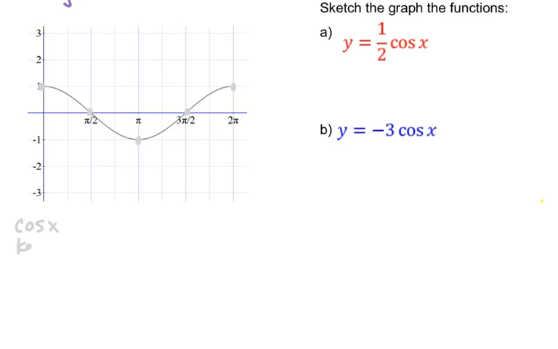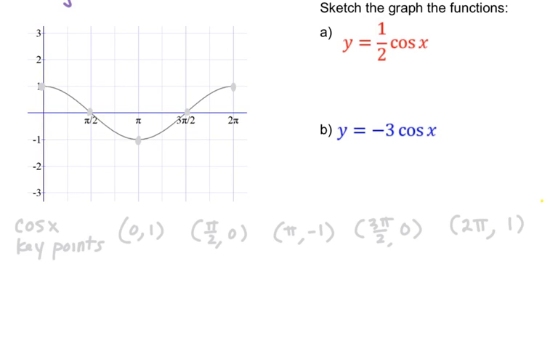Cosine x, we have our key points. So we've got 5 points. We have (0, 1). We have (pi over 2, 0). We have (pi, negative 1). (3 pi over 2, 0), and (2 pi, positive 1).